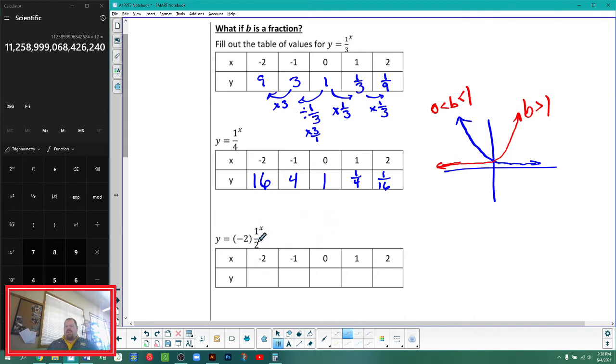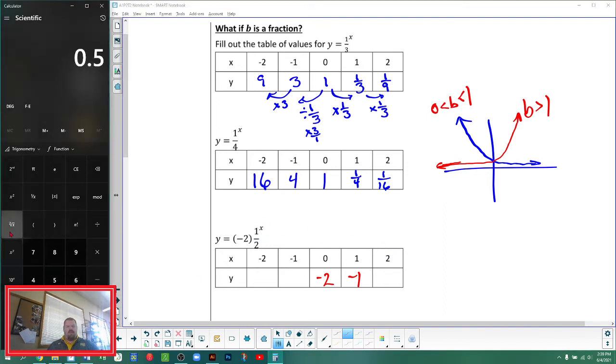If I had in this one x equal to 0, 1/2 to the 0 is 1, negative 2 times 1 is negative 2. If x was 1, 1/2 to the first power is 1/2. Negative 2 times 1/2 is negative 1. If I raise it to the second power, 1/2 or 0.5 to the second power, I get 0.25 or 1/4.